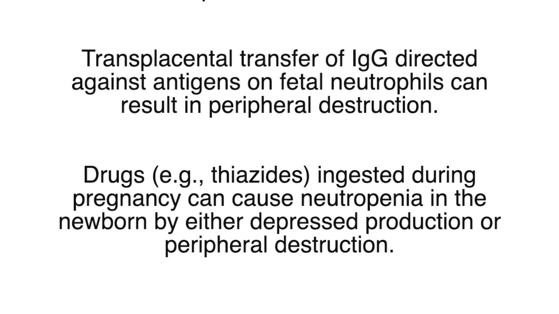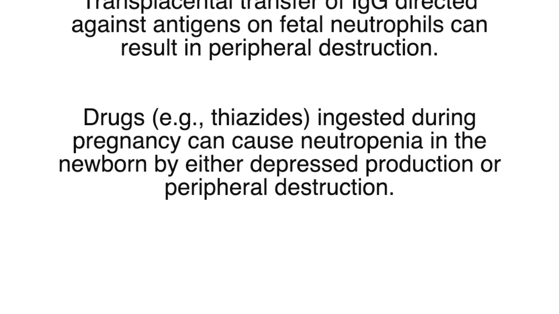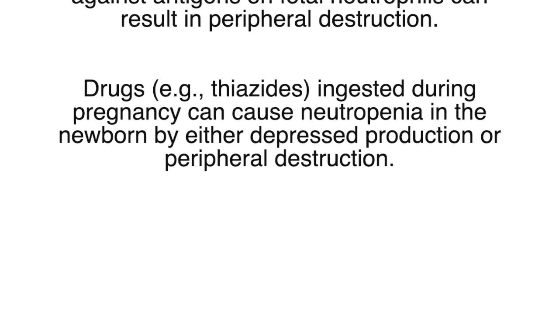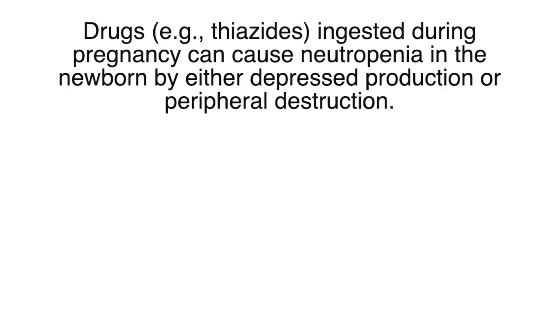Transplacental transfer of IgG directed against antigens on fetal neutrophils can result in peripheral destruction. Drugs, example thiazides, ingested during pregnancy can cause neutropenia in the newborn by either depressed production or peripheral destruction.